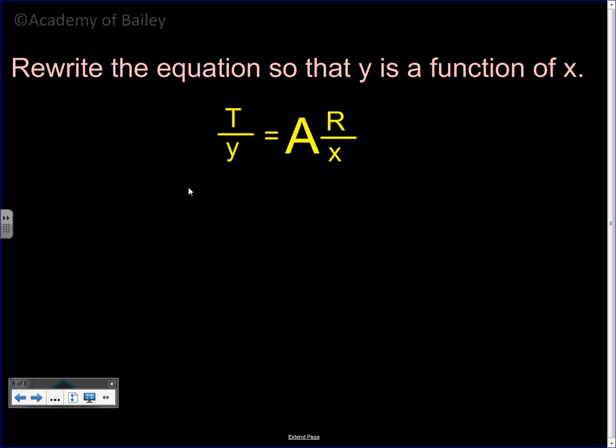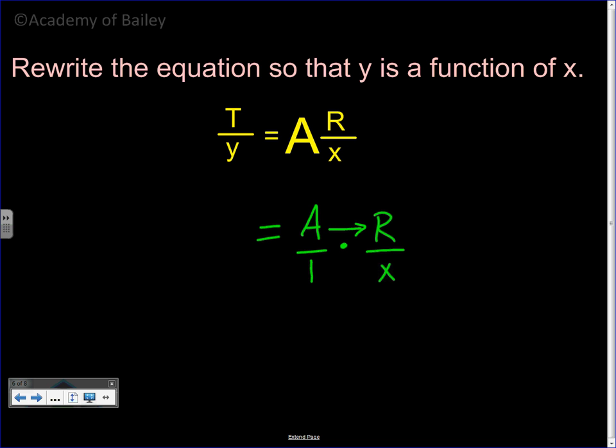So let's look at the right side of the equation. So we have capital A, and we are multiplying it by capital R over x. Well, how do you multiply fractions, right? Put this over 1. Multiply straight across.